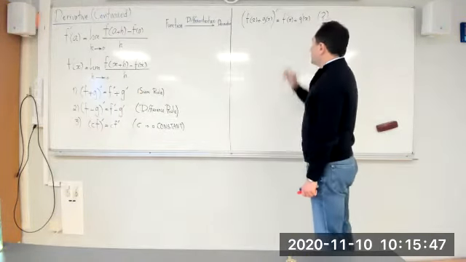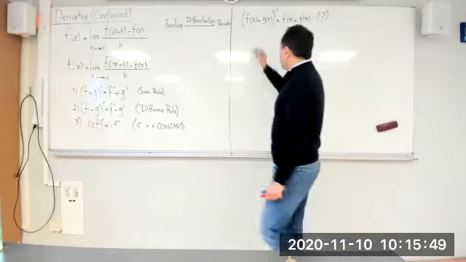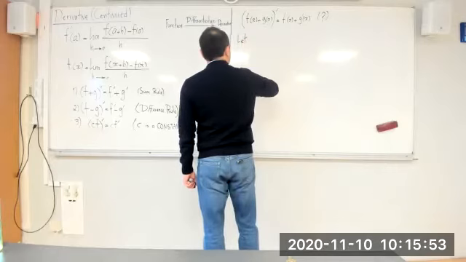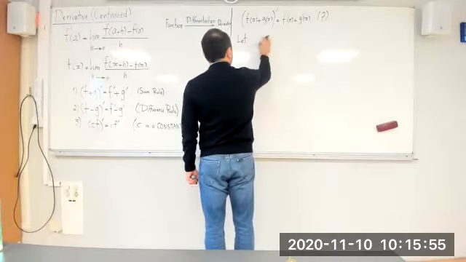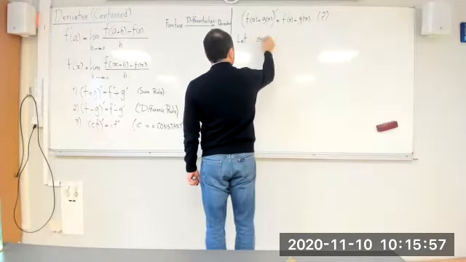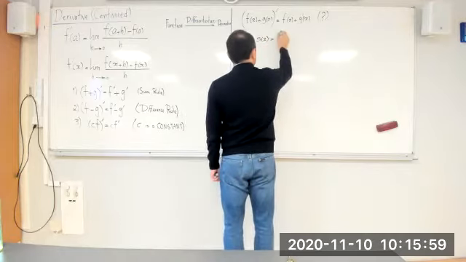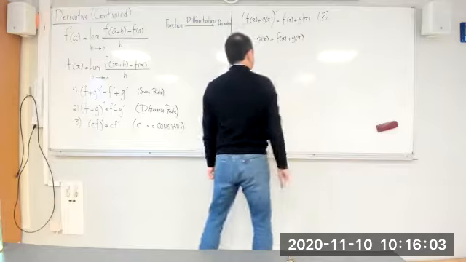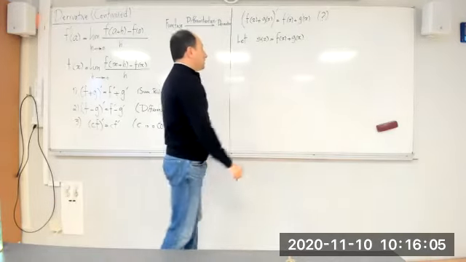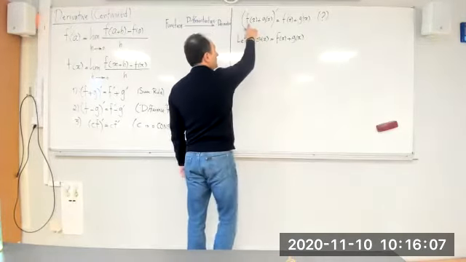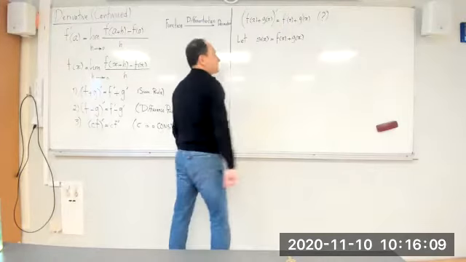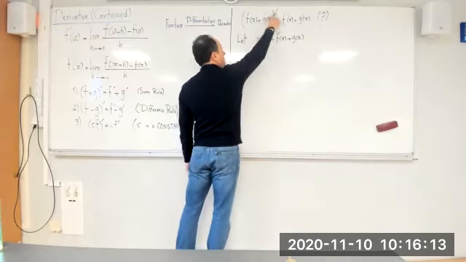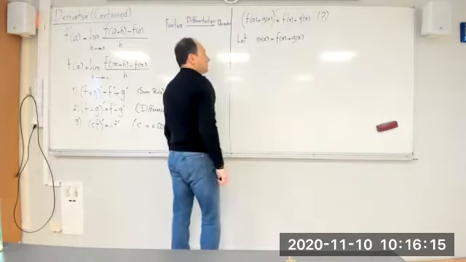So what can I do here? If I want to prove it for you, let me call this a function. Let s of x equal f of x plus g of x. My goal is to calculate s prime of x, the derivative of s of x.